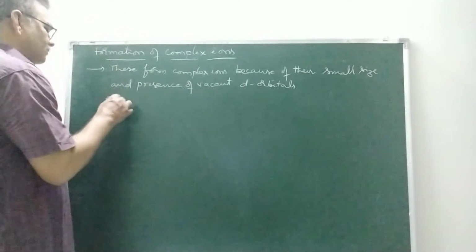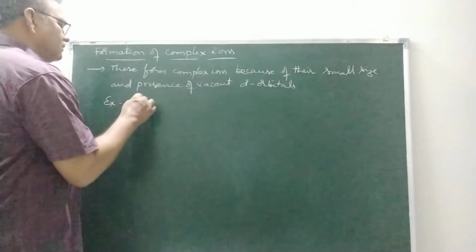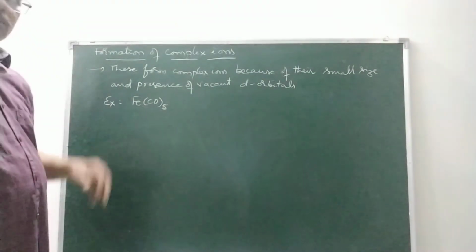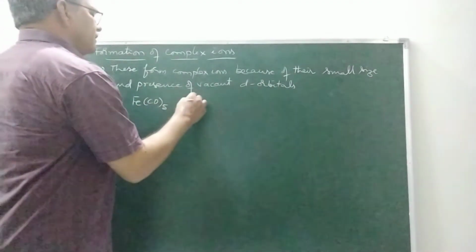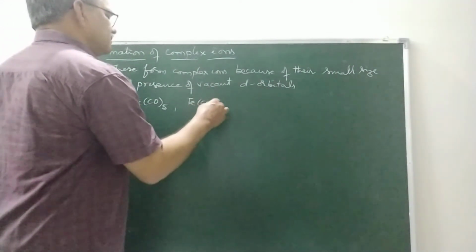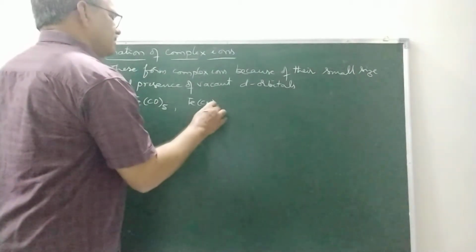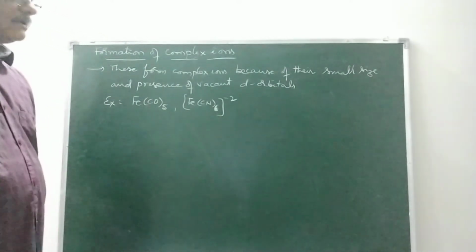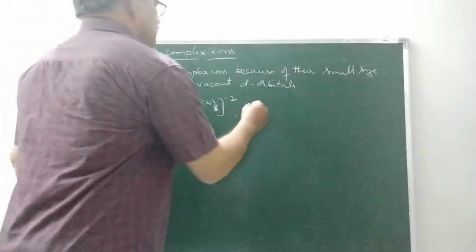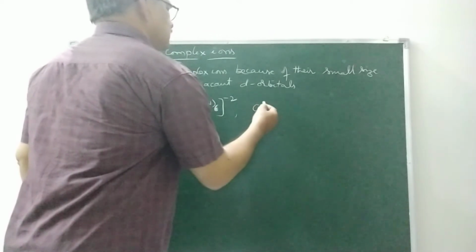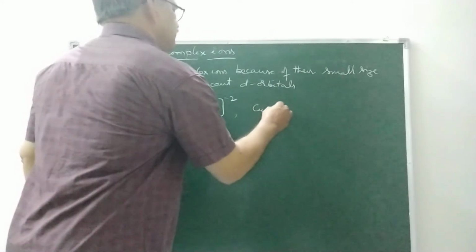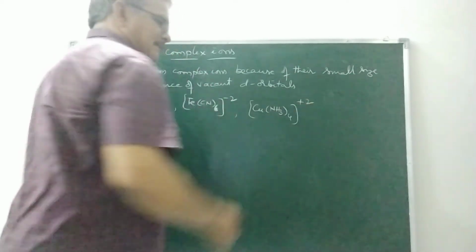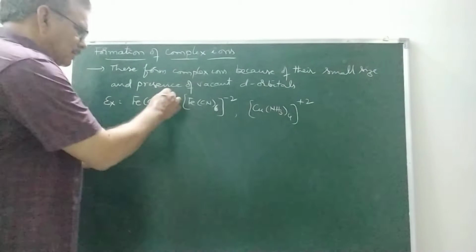If we take examples, Fe(CO)5, iron pentacarbonyl, [Fe(CN)6] minus 2, and [Cu(NH3)4] plus 2, etc. So this is called a neutral complex.